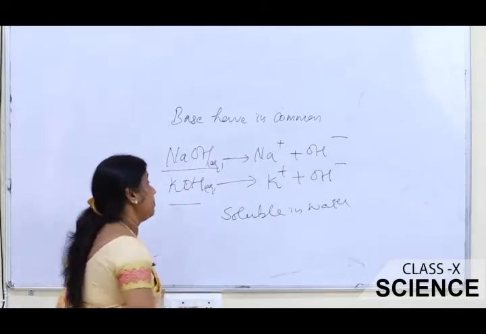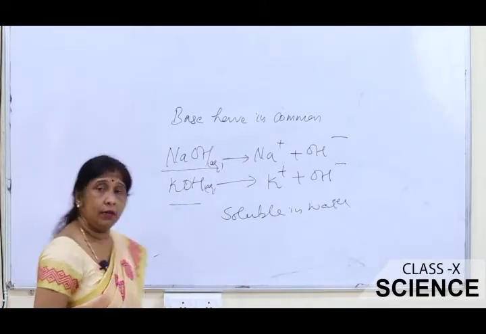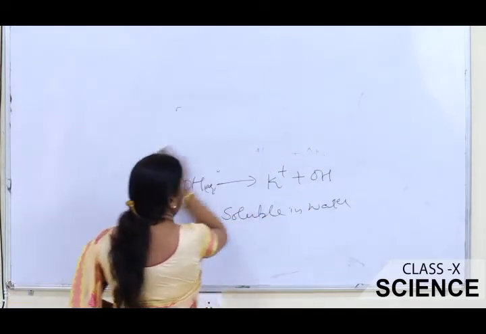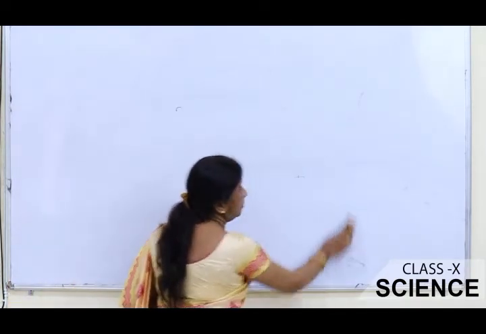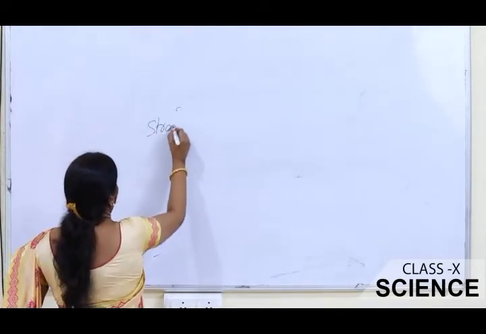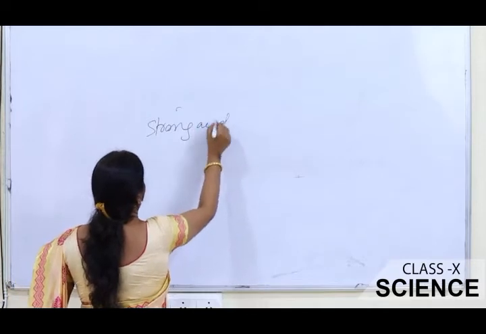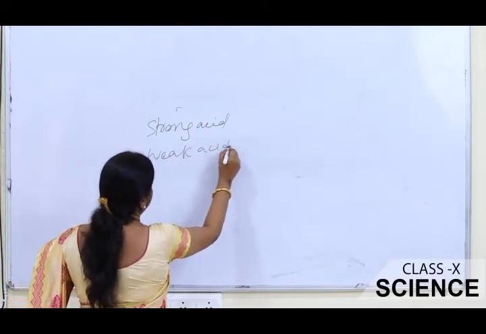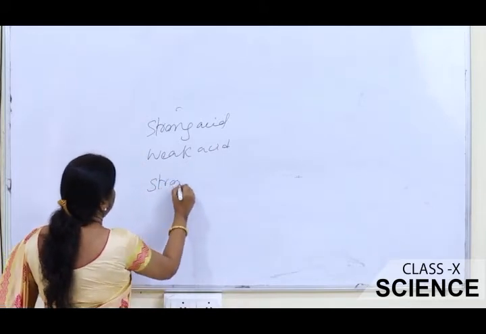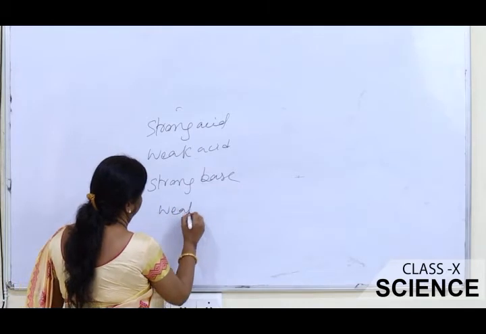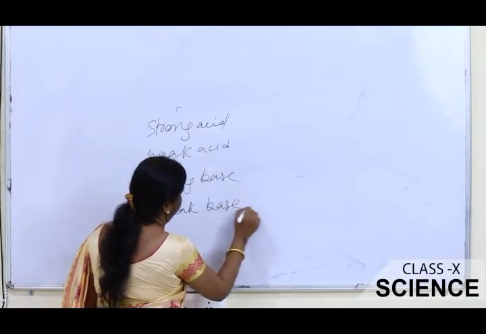Now an acid can be a strong acid or a weak acid. Similarly, a base can be a strong base or a weak base. Now let us see what a strong acid is. Strong acid, weak acid, strong base and weak base, right?